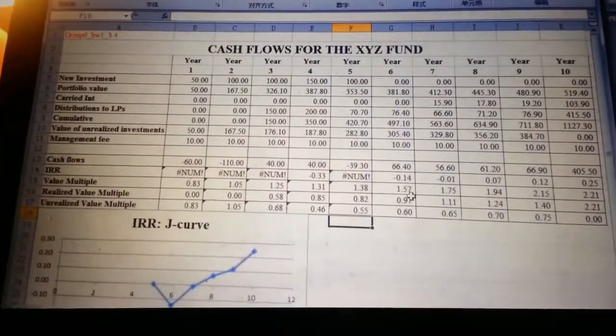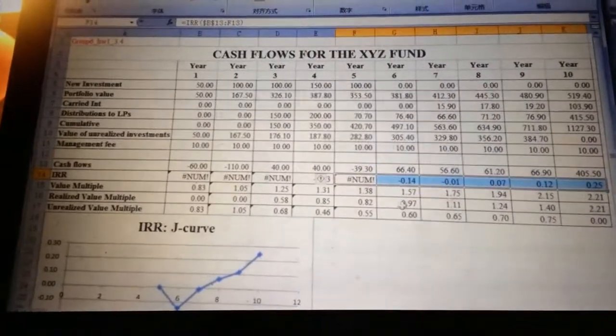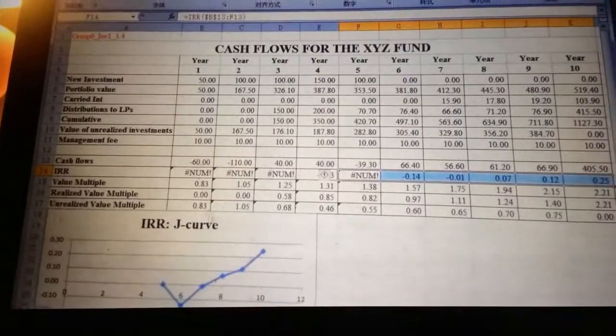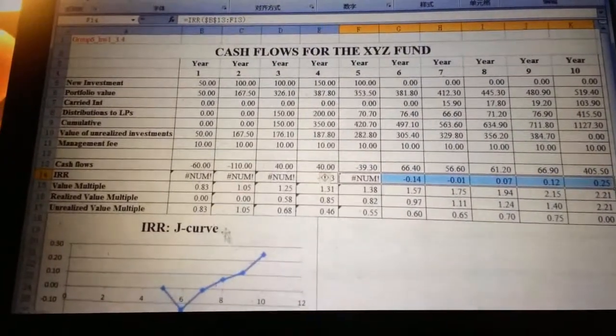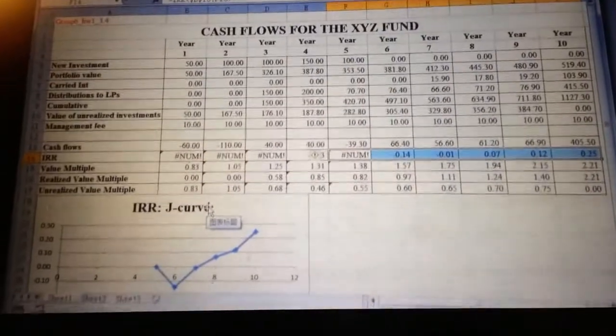After this, by plotting the valid IRR numbers, we can find the IRR curve, which shows a J-curve pattern, which is not an exception. Thank you.